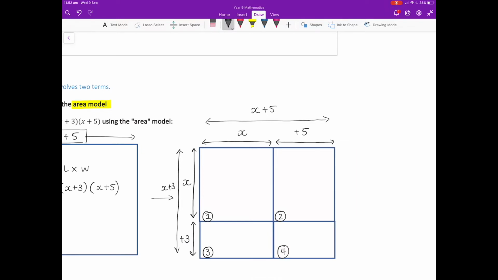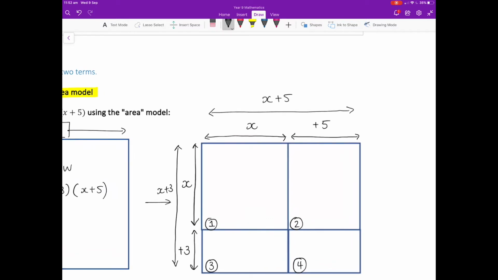So now let's find the area of square number 1. So the area would be x times x, which simplifies to x squared. Then the area of shape number 2, which is a rectangle. So this here is 5, and this length here is going to be x.